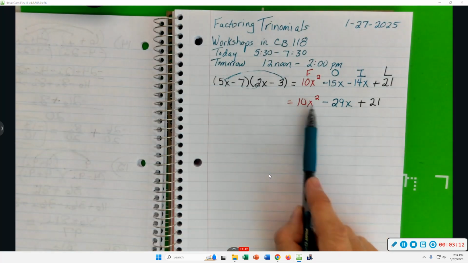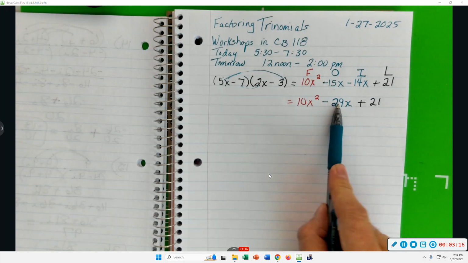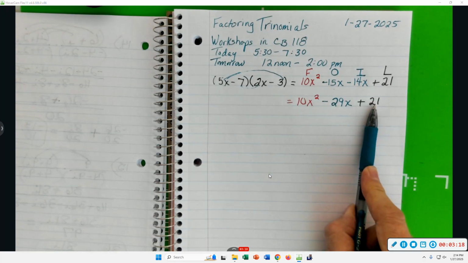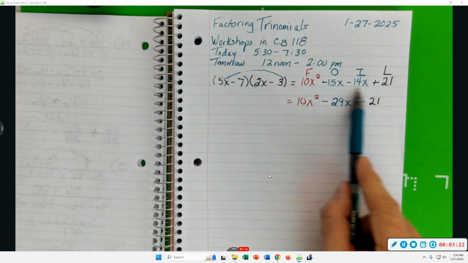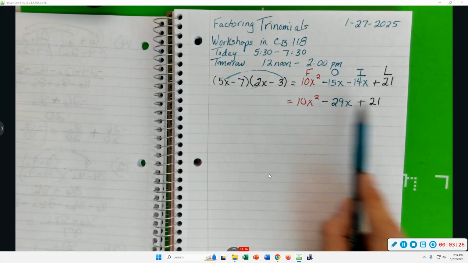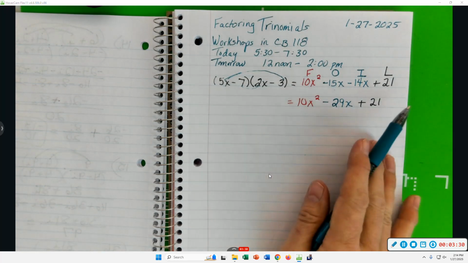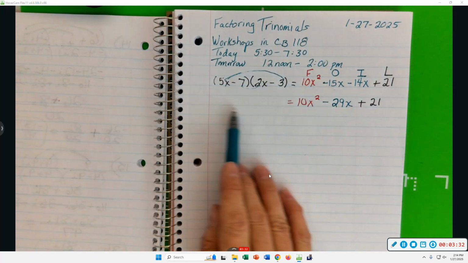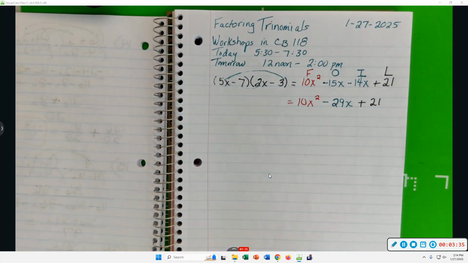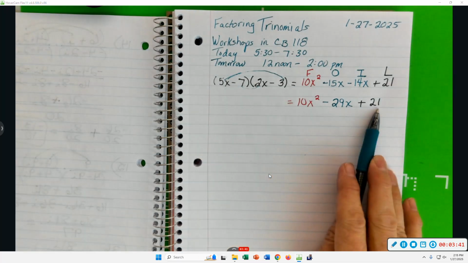Given this, it's called a trinomial because there's 3 terms: 1, 2, 3. Terms are separated with pluses and minuses. If we're factoring a trinomial, we know how to FOIL, so we're going to be going in reverse, trying to figure out what numbers go in here in order to get that.